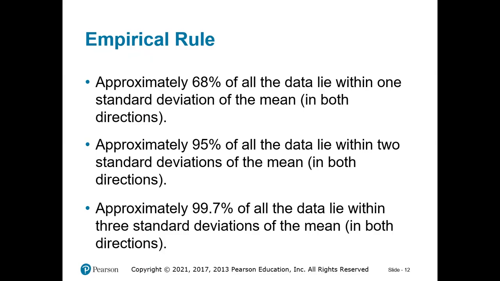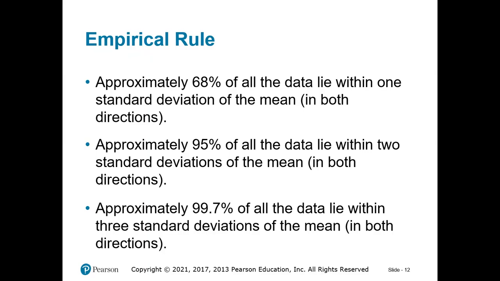Let's take a numerical example. Suppose, hypothetically, that the mean is 5 and the standard deviation is 1. So 5 is at the center. 5 plus 1 is 6. 5 minus 1 is 4. It means 68% of the ages, 68% of the scores, are between 4 and 6.